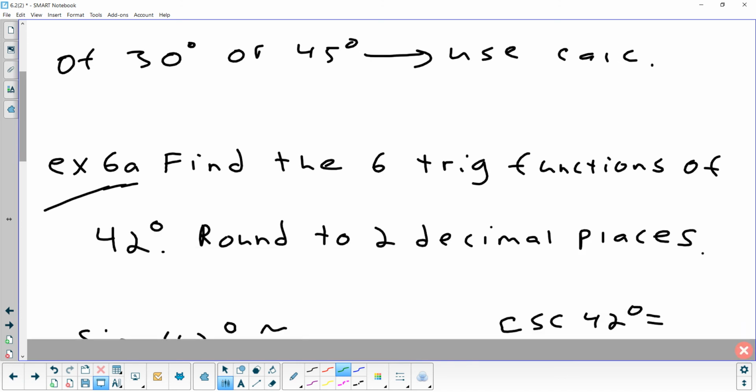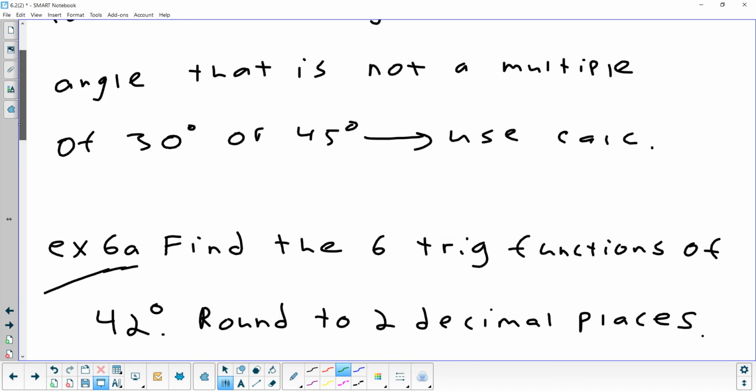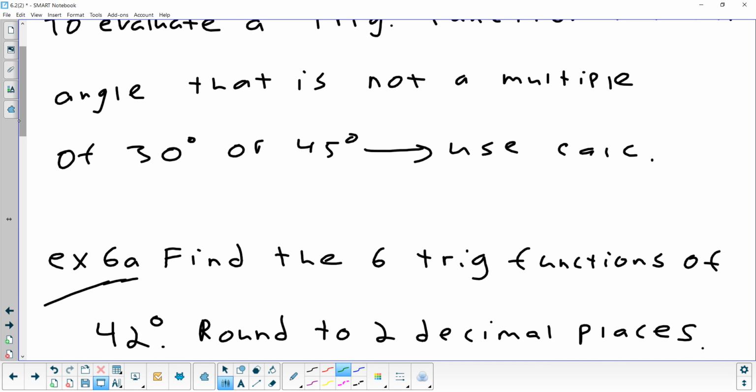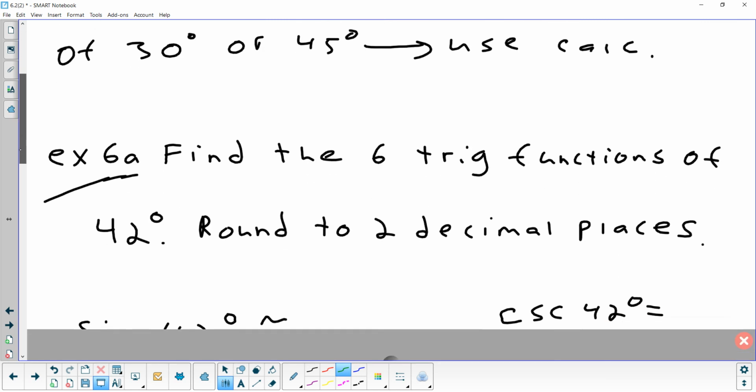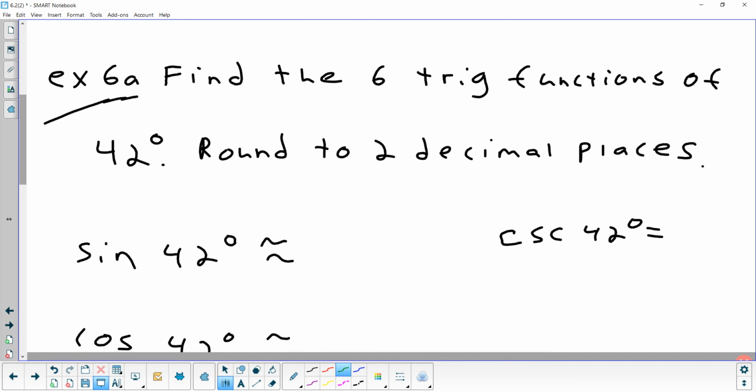So find the 6 trig functions of 42 degrees. First step, you'd have to ask yourself, is 42 a multiple of 30 or 45? Is it either one? It's neither. So how do we type them in?